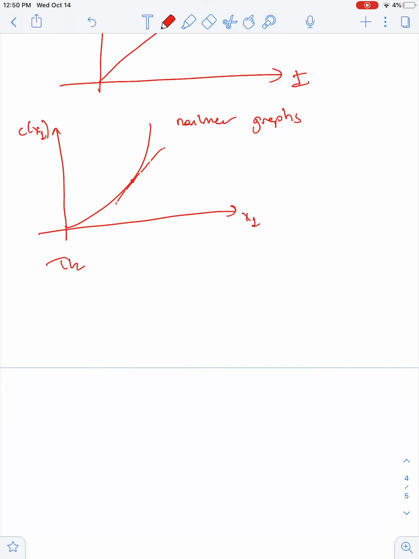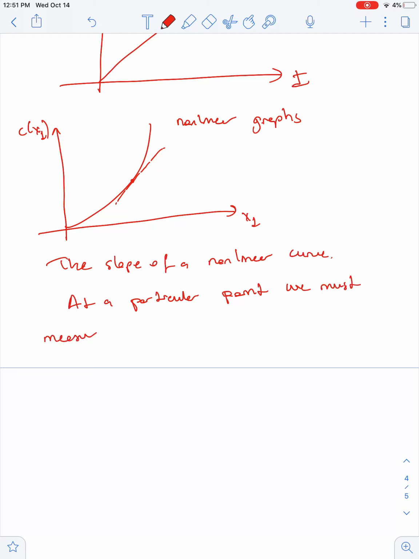The slope of a nonlinear curve at a particular point we must measure as the slope of the tangent line to the curve at that point. So you're going to find the slope here.